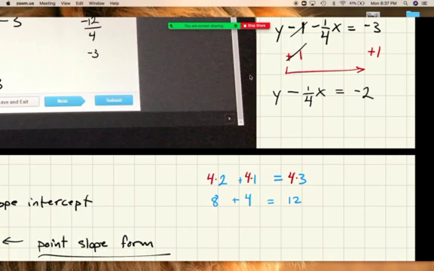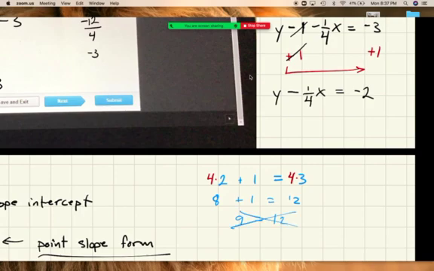8 plus 4 is equal to 12. The only time it wouldn't work out is if I did something like this, where I didn't multiply by 4 for every single term. I missed out on the plus 1 term. Because here, it would be 8 plus 1 equals 12. Of course, that doesn't work. That's 9 equals 12, and that's wrong.